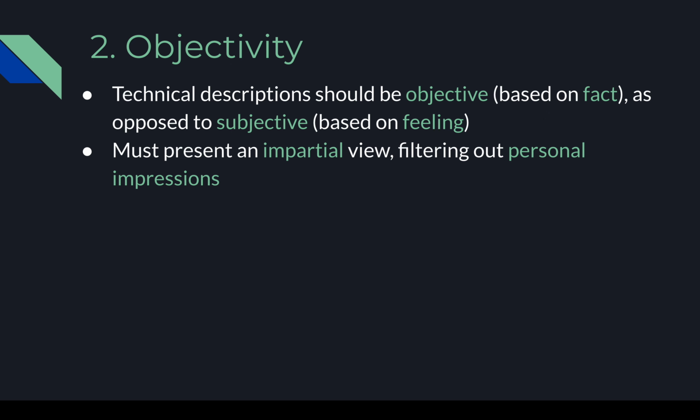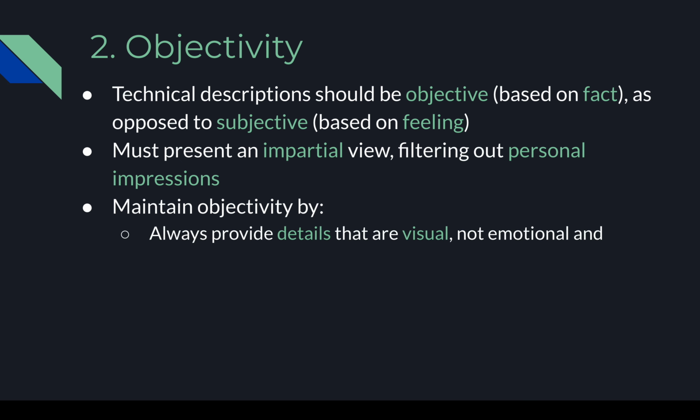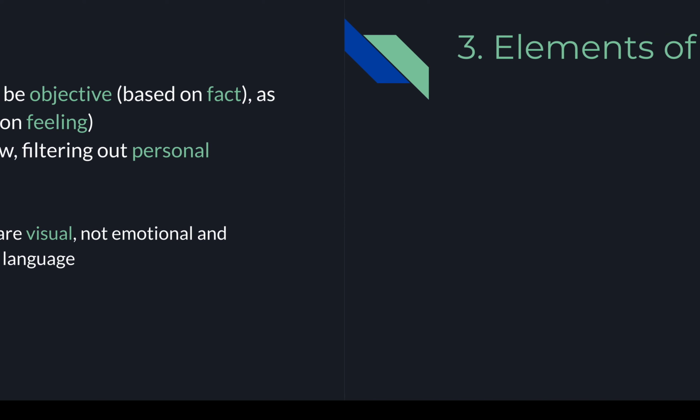So you, as the technical writer, must present an impartial view and filter out any personal impressions. And you can maintain that objectivity by always providing details that are visual as opposed to emotional, and also by using precise and informative language.